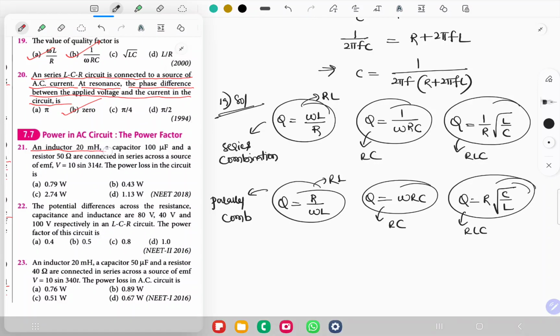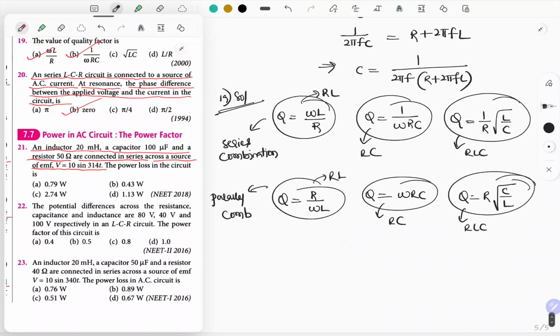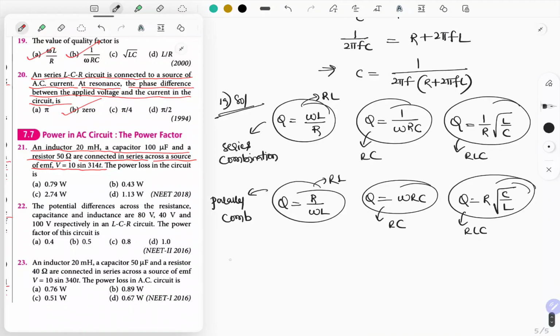An inductor 20 millihenry, a capacitor of 100 microfarad, and a resistor 5 ohm are connected in series across a source EMF V is equal to 10 sine 314t.